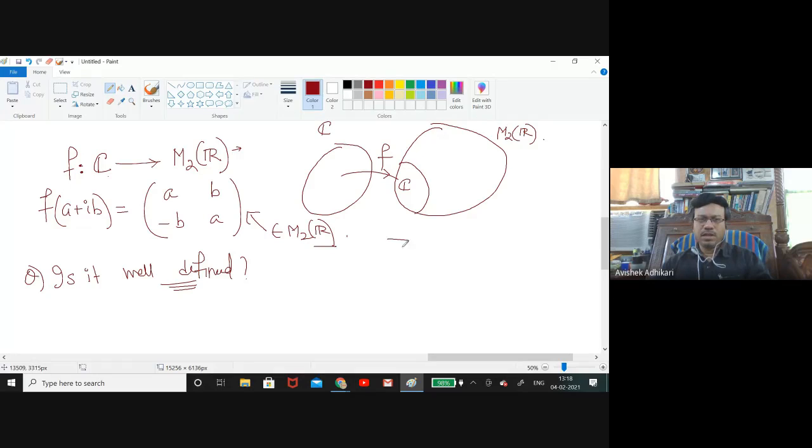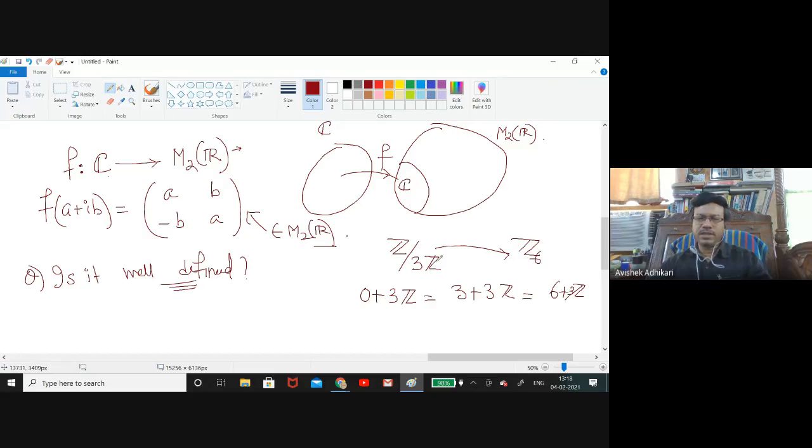For example, in case of Z3, 0 plus 3Z, 3 plus 3Z and 6 plus 3Z are all the same here. As a result, confusion may come when they are going to some other places.